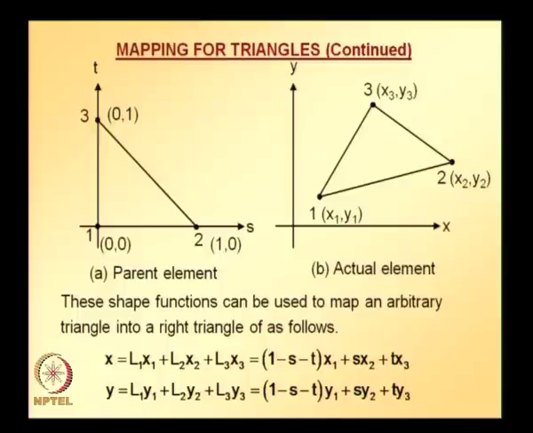So, thus an arbitrary triangle in the xy coordinate system is mapped to a right triangle in the S and T coordinate system, using the terminology used for isoparametric elements. The right triangle is the parent element for the arbitrary triangular element.